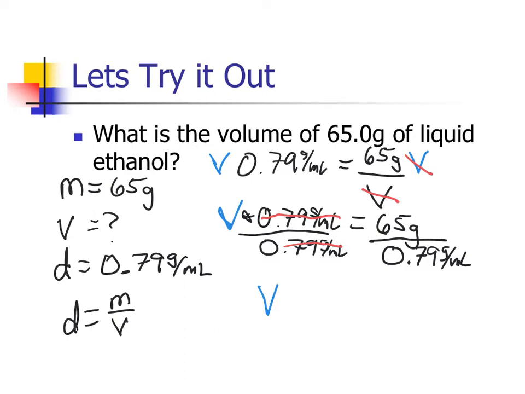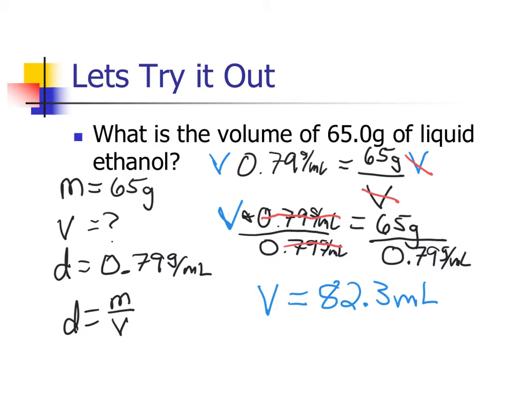My volume then becomes 82.27. Let's say, 2 significant digits is what I got. Oh, 3 there, but 2 significant digits there. I think we can go with 82.3 milliliters, which isn't too bad.